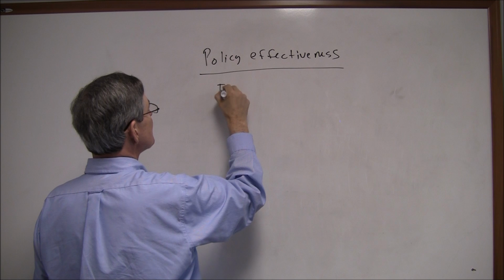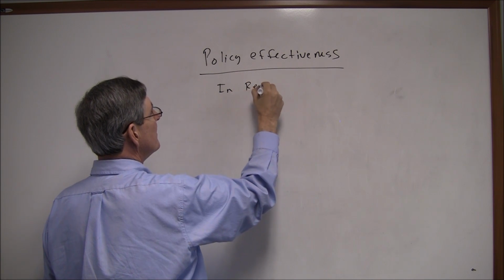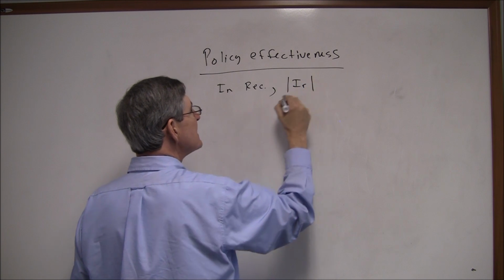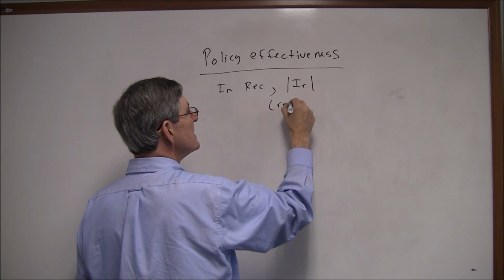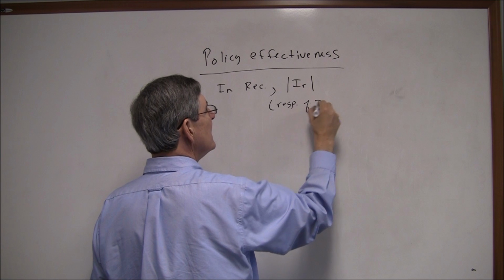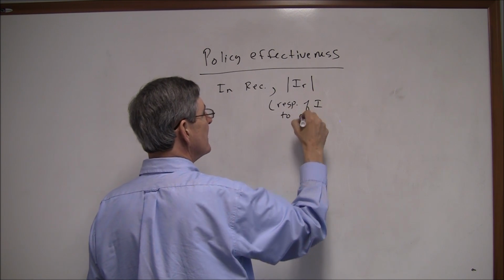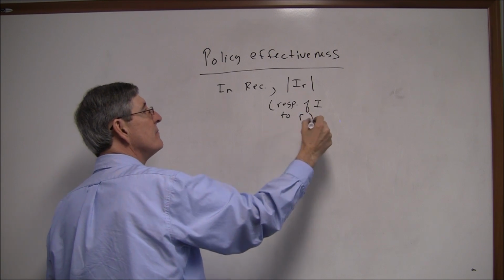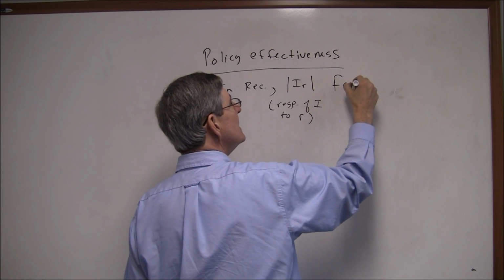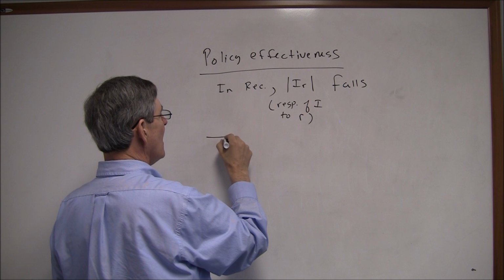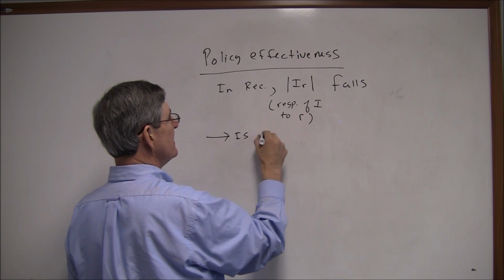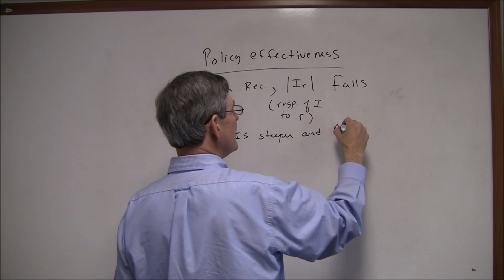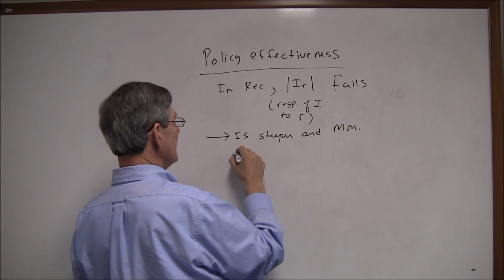So in a recession, the responsiveness of investment, the responsiveness of I to R, falls, and that causes the IS curve to be steeper, and monetary policy is less effective.